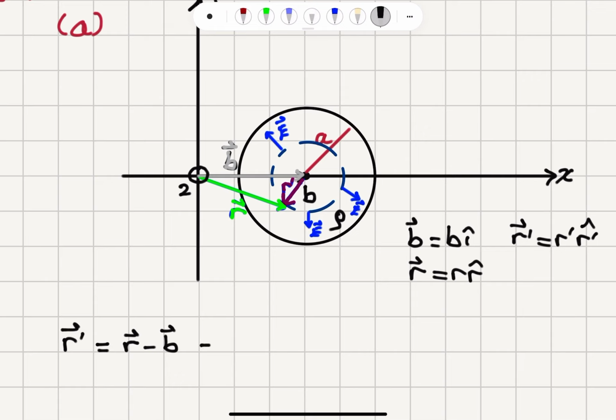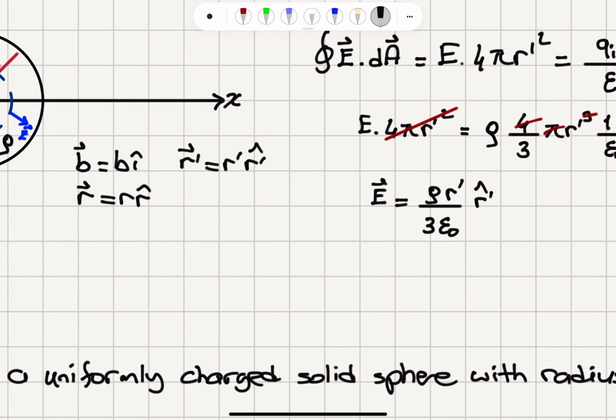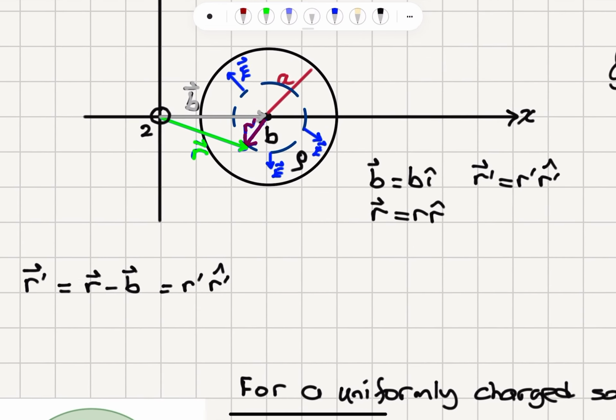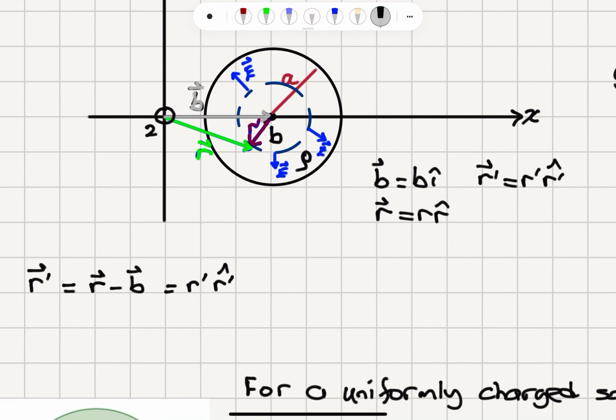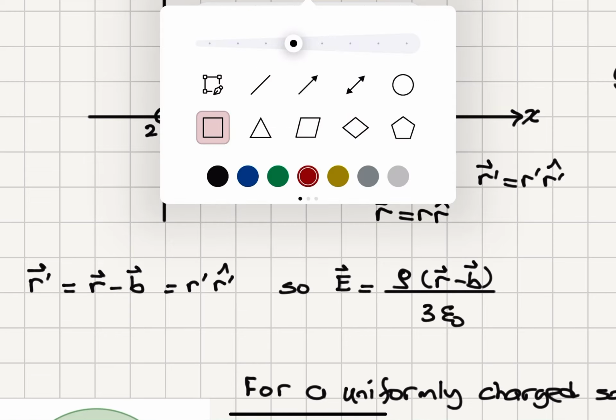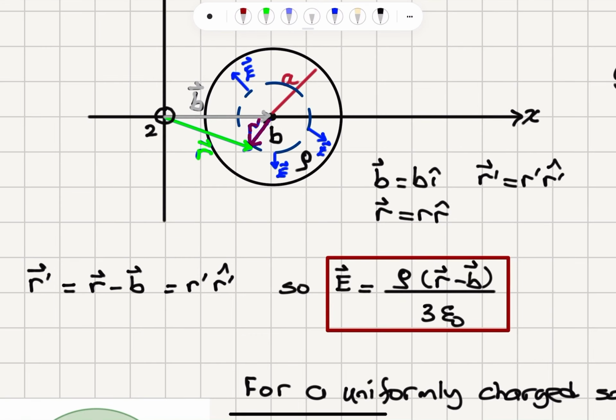This is then r prime in the r prime hat direction, so I replace r prime vector with r minus b. The electric field is then ρ, the uniform volume charge density, times (r minus b) divided by 3 epsilon 0, where epsilon 0 is the permittivity of free space.